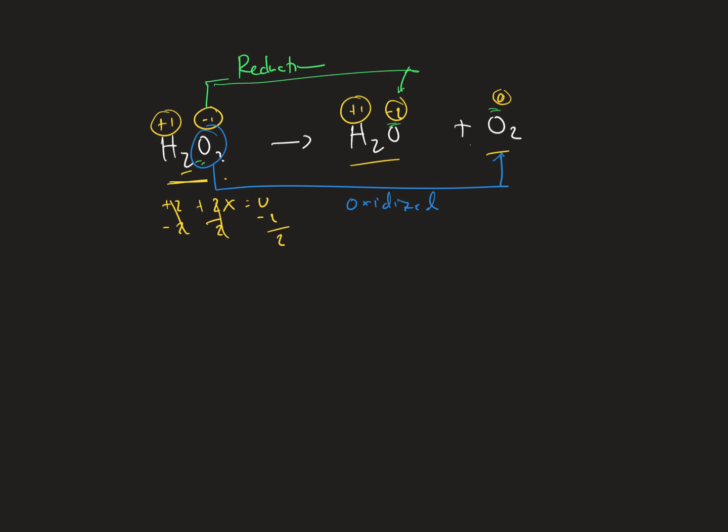If there is an oxidized, there is a reduced, and vice versa. So in this case, hydrogen peroxide is both the reducing agent and the oxidizing agent. It causes reduction and oxidation. So that one's a little different, but anything else?